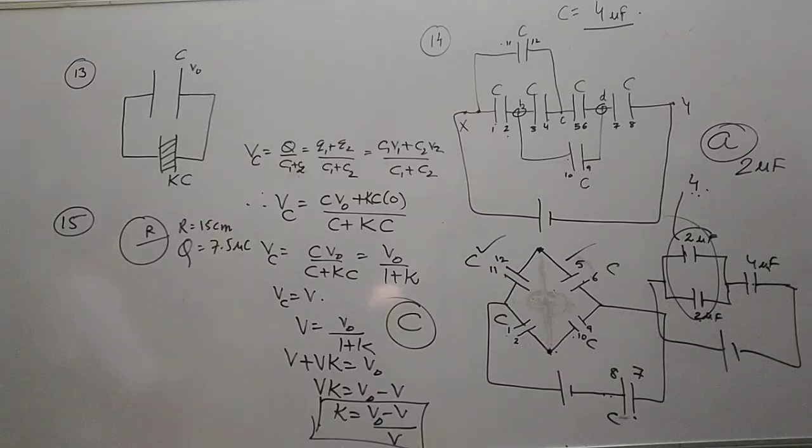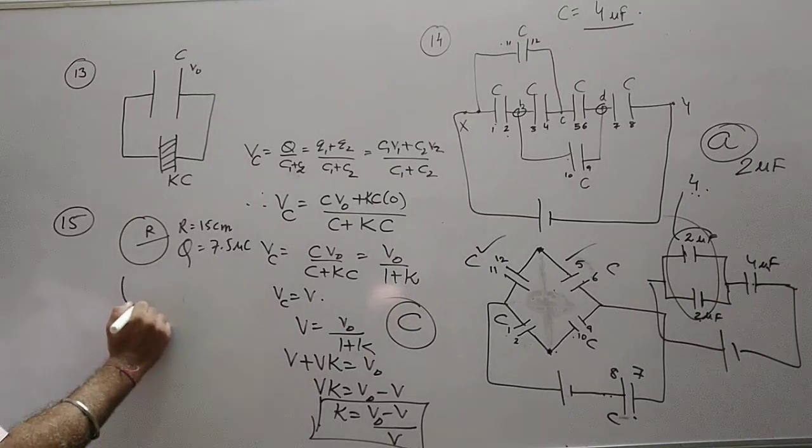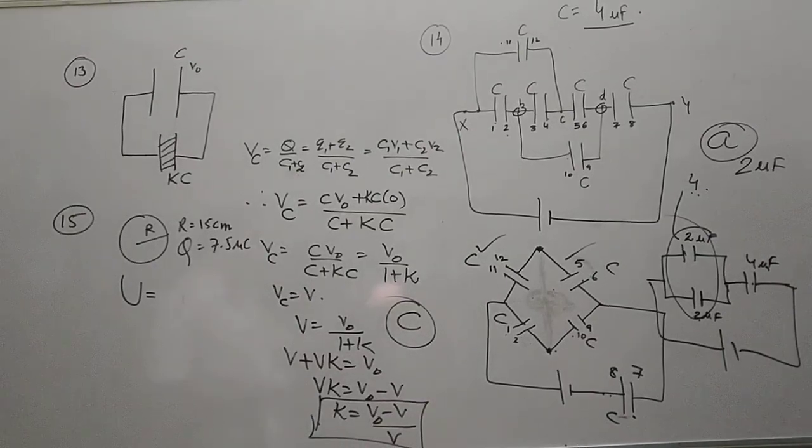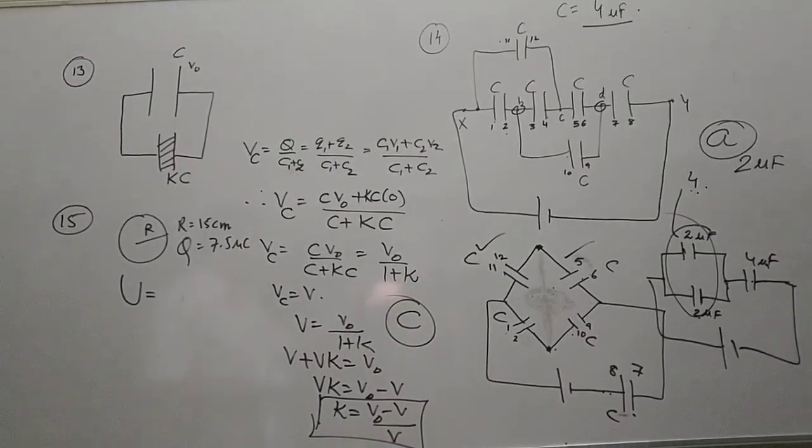Now the potential energy formula, we know. We have to find out the potential energy of the system. So U is equal to, one formula is directly you can write Q into V, that is the energy of a potential, Q into potential.